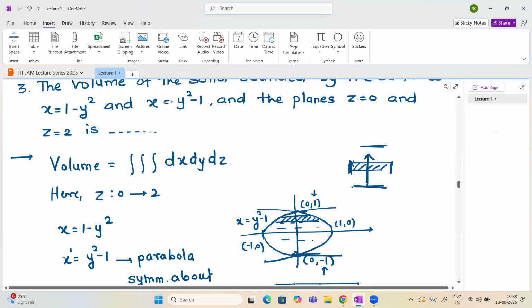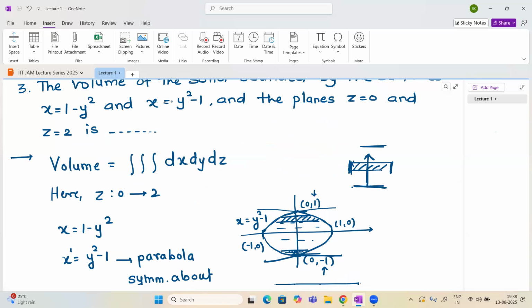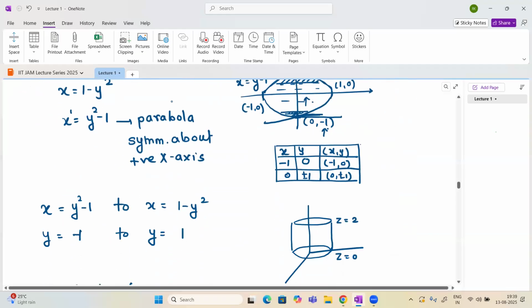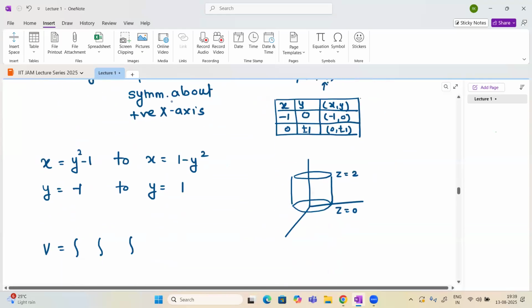Initially the strip will be here, then it will move in the upward direction and go up to this point. At this point, the value of y is -1. And at the end, it will reach up to this point where the value of y is 1. So that's why I wrote the limits of y from -1 to 1.